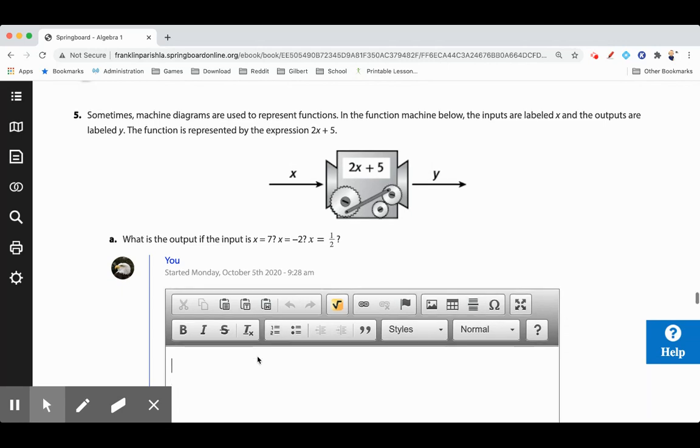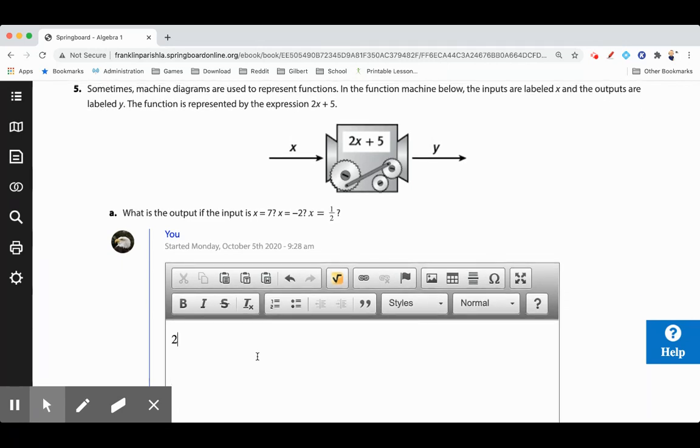So if I put in 7, just like we've done before, we'll replace the X with 7 and we will get 14 plus 5, which is 19. So input of 7, output of 19. How about when it's -2?